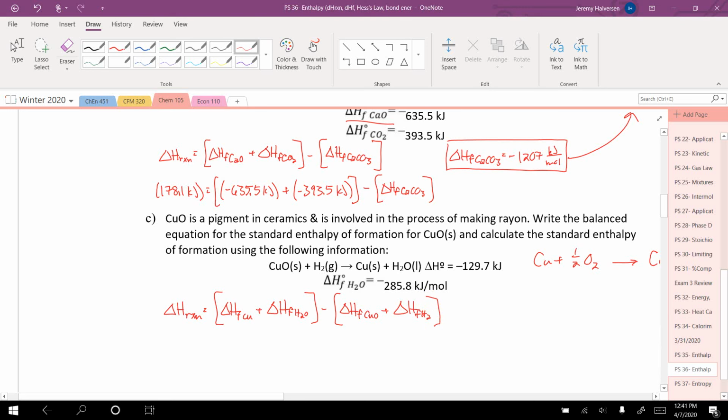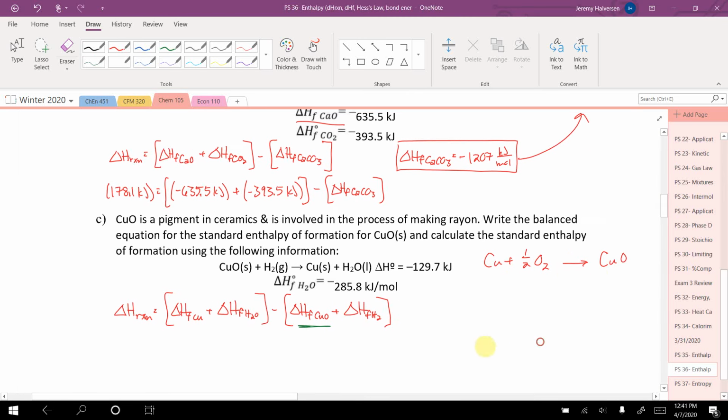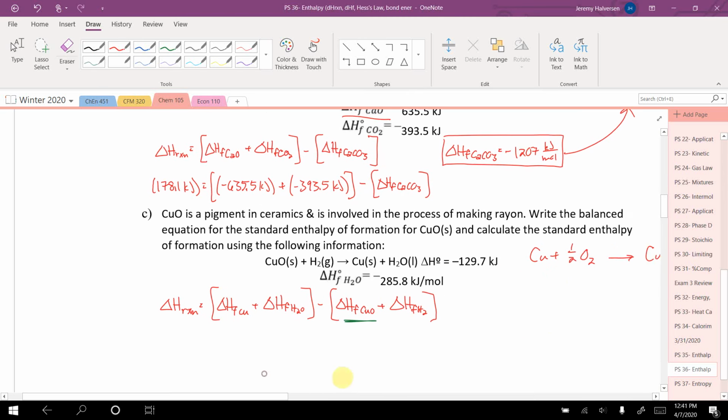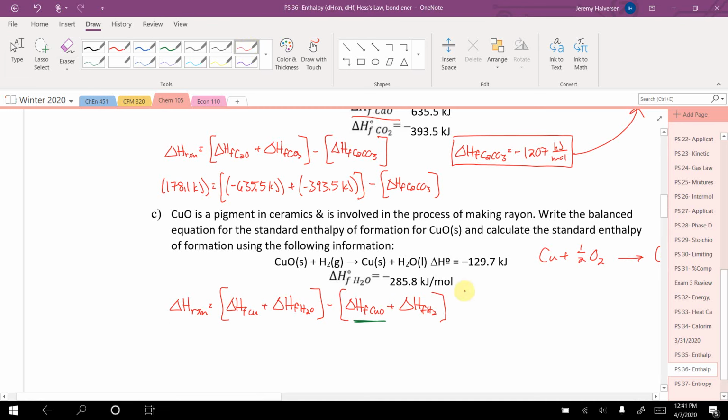Okay, let's make sure we have what we need. We are looking for the enthalpy of formation of CuO. We're looking for the enthalpy of that reaction, right? They give us the overall, they give us water, and they've left out copper and hydrogen.